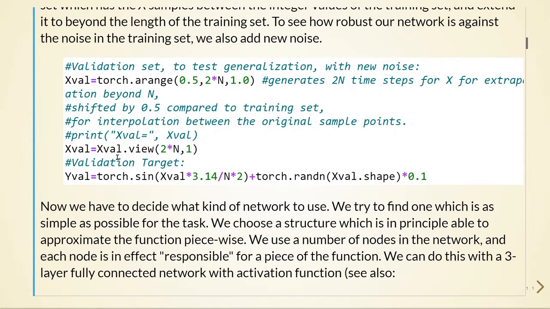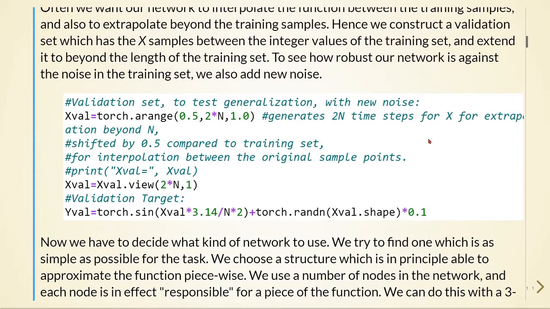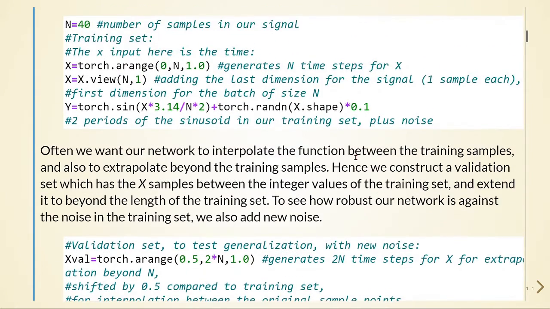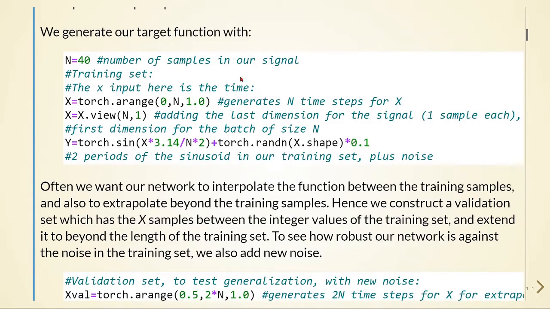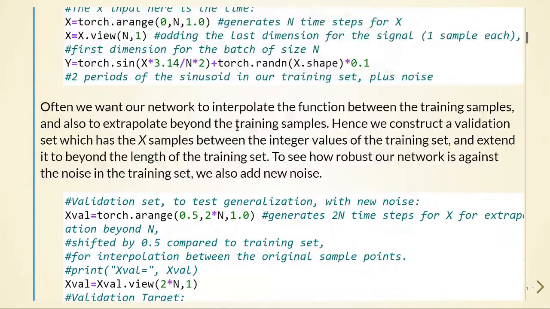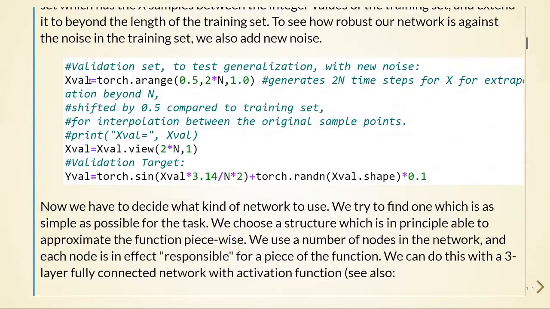We are reshaping here, and now we have our validation target. Again, we are using torch.sin and adding some noise, but now we have twice as long an input as our training input. So this will be x and this will be x_val for validation and y_val.